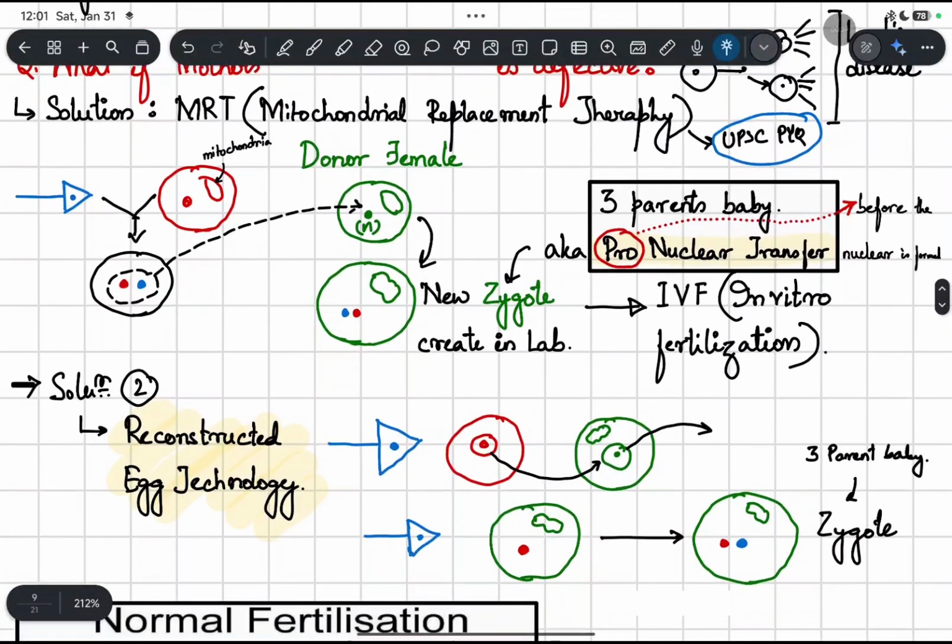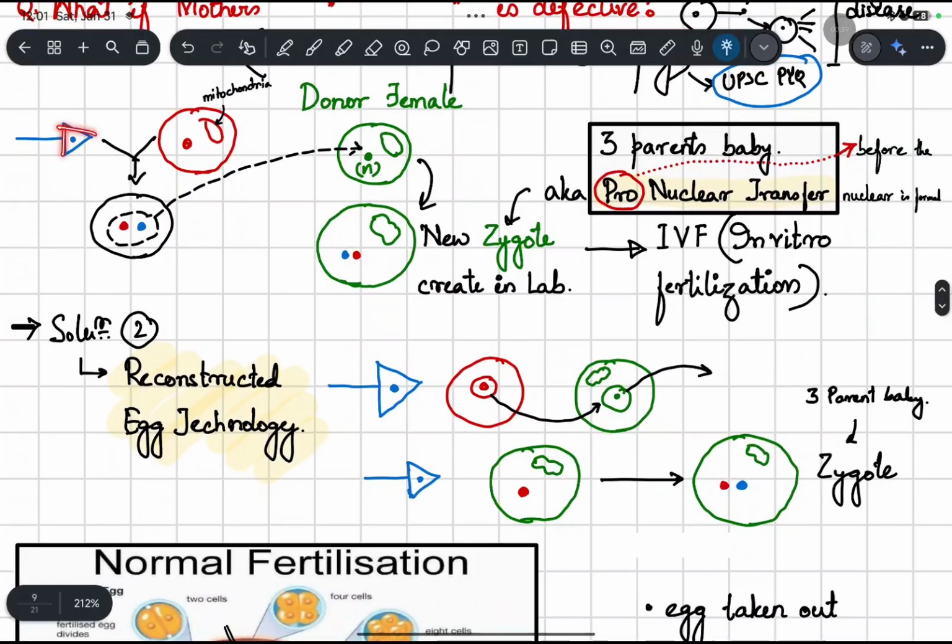In mitochondrial replacement therapy, first the cells are allowed to fuse, right? The sperm and the egg will fuse. Here we have the nucleus of the sperm, here we have the nucleus of the egg. First they are allowed to fuse, and here a pronucleus is formed, right? A pronucleus is not a fully developed nucleus, right? It is just before the nucleus is formed.